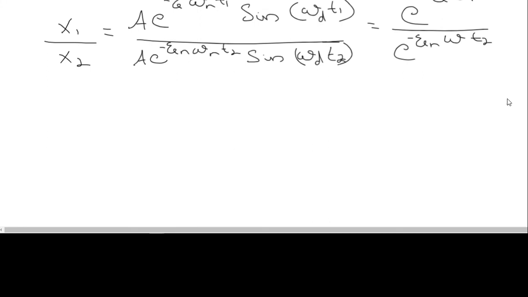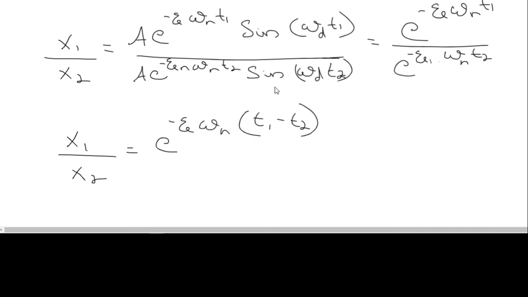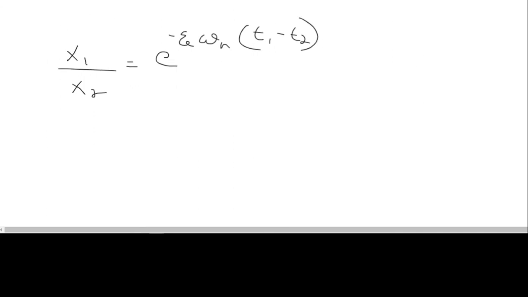So we will get the equation e to the power of negative epsilon omega n t1 divided by e to the power of negative epsilon omega n t2. We can simplify it again using powers as subtraction: e to the power of negative epsilon omega n times (t1 minus t2), because the negative power of the denominator can be taken to the numerator.